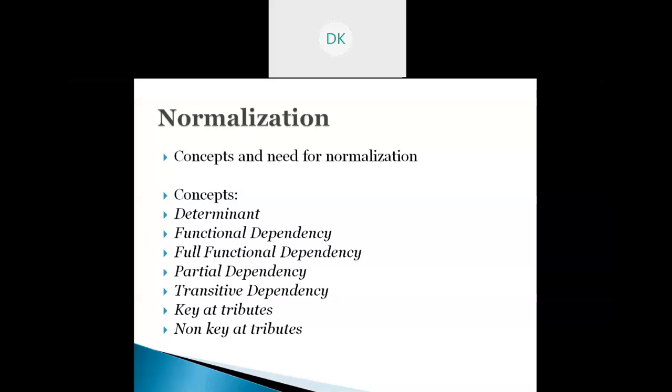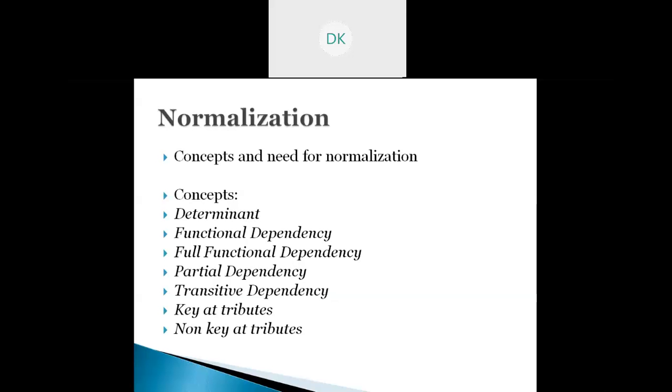So let's go into the concepts here. Determinant, functional dependency, full. I'll explain all these concepts while I go into the very deep dive, because I have to explain through the diagrams there and it will take a lot of time. So I'll put that as part of a different session. Determinant. So what is the driving entity?